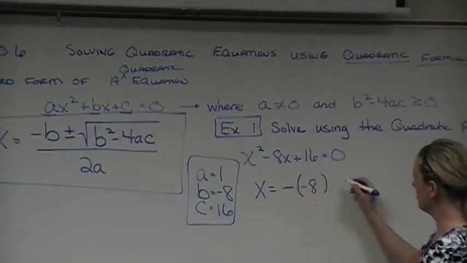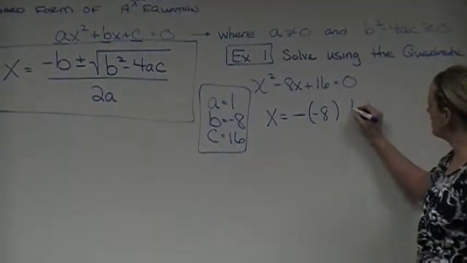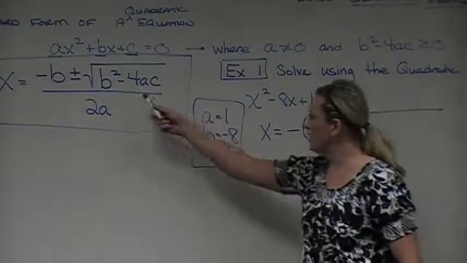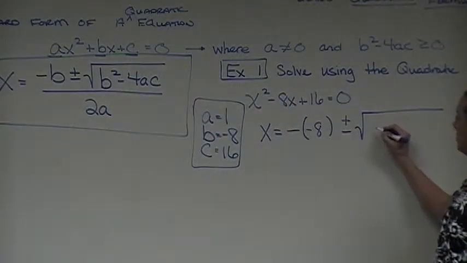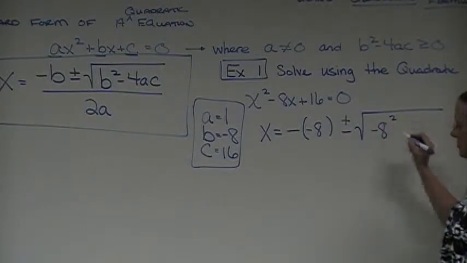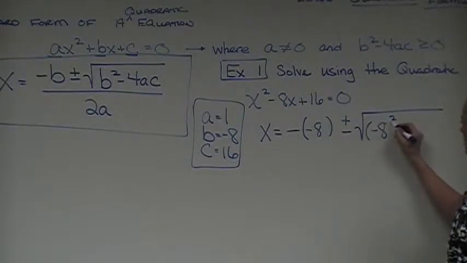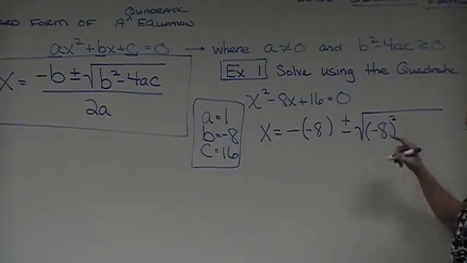What's next up there? Plus and minus the square root of what? Do I do this? What am I missing? Parentheses. Always make sure that you put your B in parentheses when you square it.